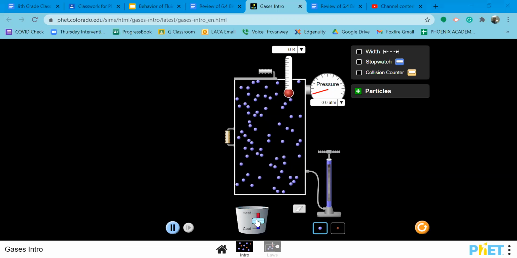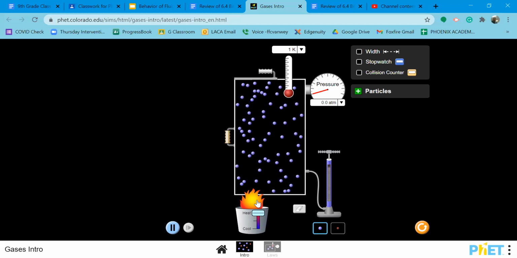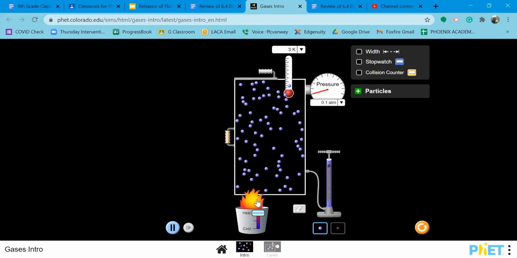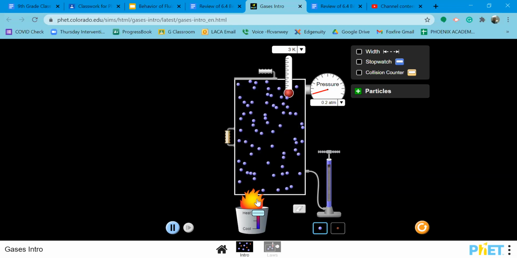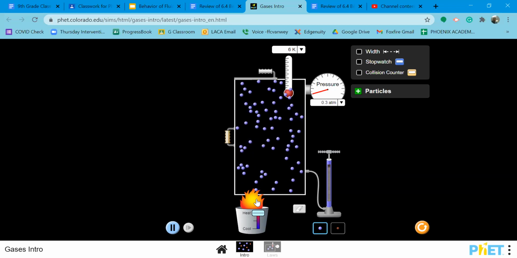As we increase the temperature of matter, so as soon as one of these particles runs into this fire, it might take a second. As we increase the temperature of matter, it causes the particles to speed up. That's what the temperature is. It's the average kinetic energy of the particles, or how fast the particles are moving.